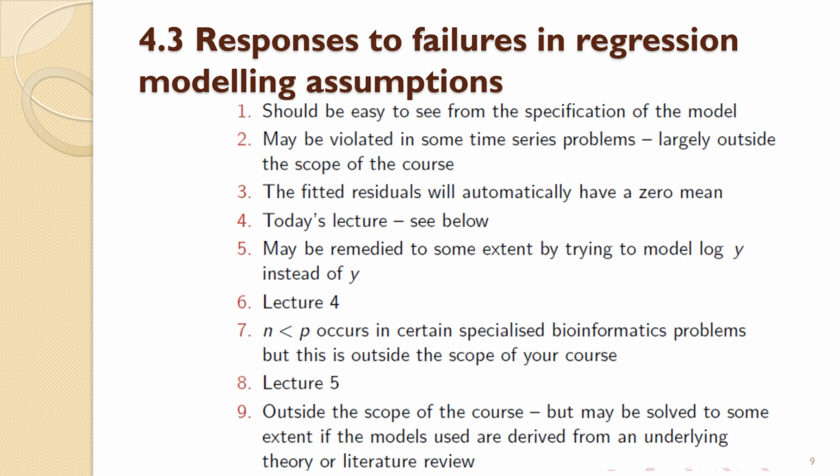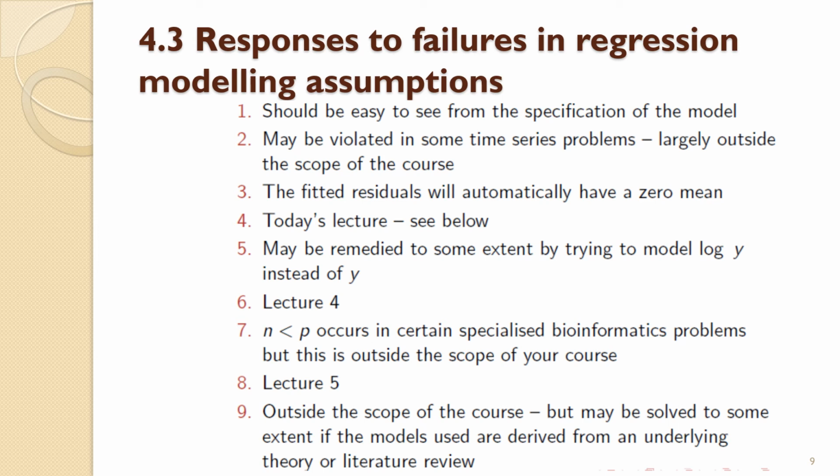So this list of regression modelling assumptions leads to a sort of quite well established list of conventional countermeasures. So the first one should just be relatively straightforward from the formulation of the model.